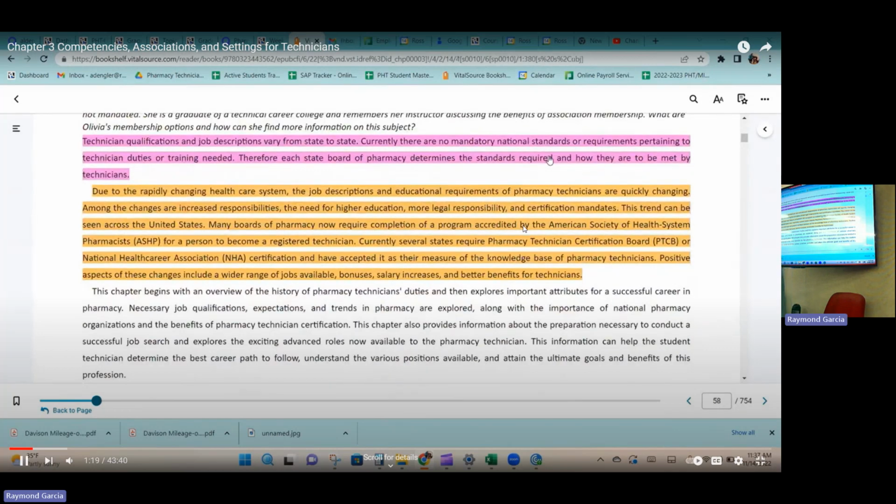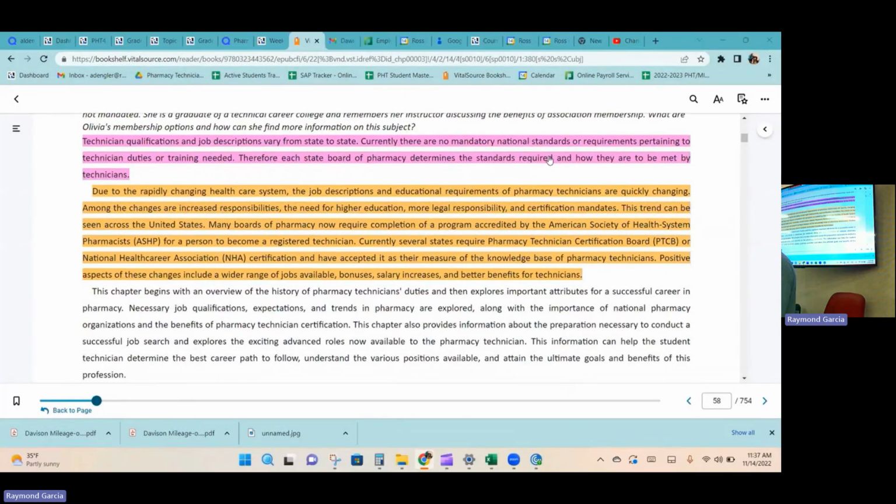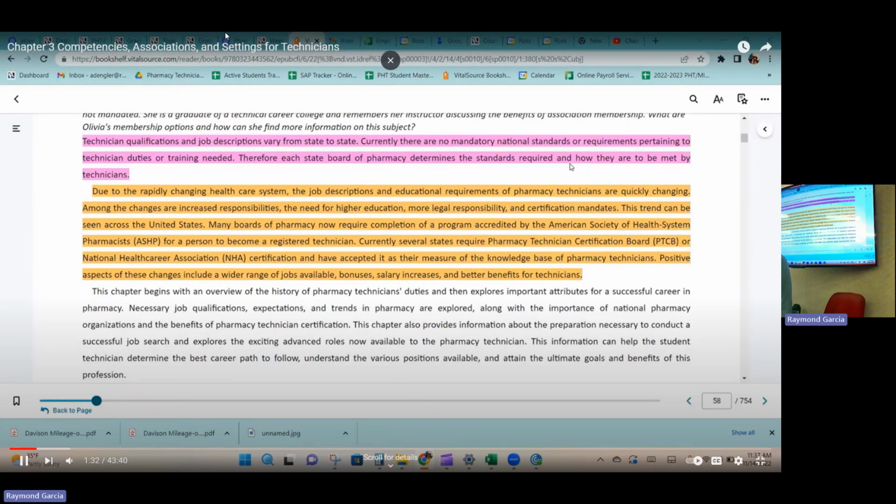Due to the rapidly changing healthcare system, the job descriptions and educational requirements of pharmacy technicians are quickly changing. Among the changes are increased responsibilities, the need for higher education, more legal responsibility, and certification mandates. This trend can be seen across the United States.